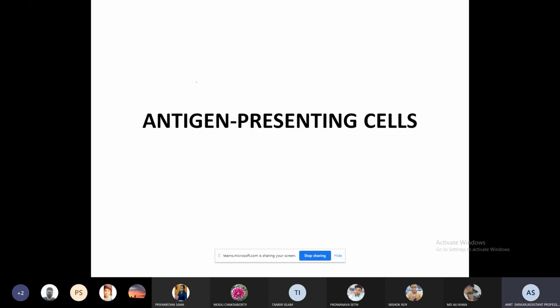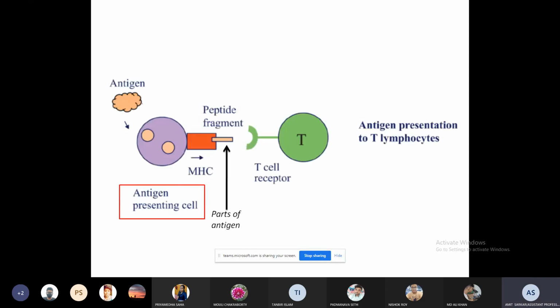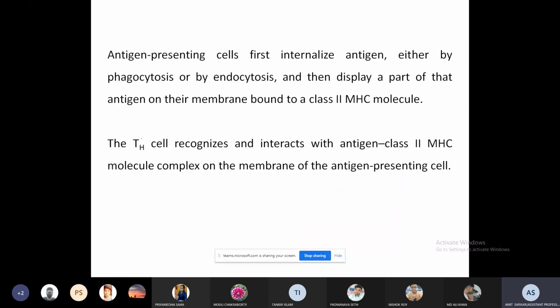So if you focus on the antigen presenting cells, you can understand that they are very, very important. If they do not present something, if something at this place is impaired, then even though you have a very healthy, good T cell, nothing will happen. This reaction will not take place. So that's why the antigen presenting cell is very crucial.